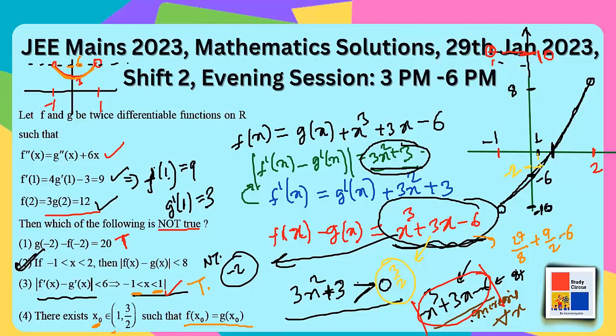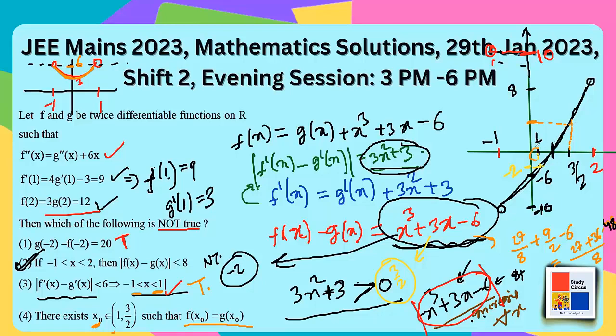If I find out, it is 27 plus 36 minus 48 over 8. So this is 27 minus 12, that is 15. So this is 15 by 8 here, right? So for 3 by 2, we saw the value is coming out to be positive. So that is a positive thing, right?